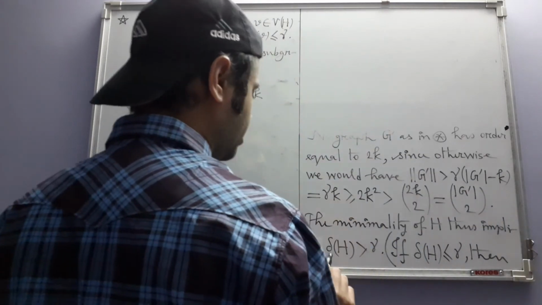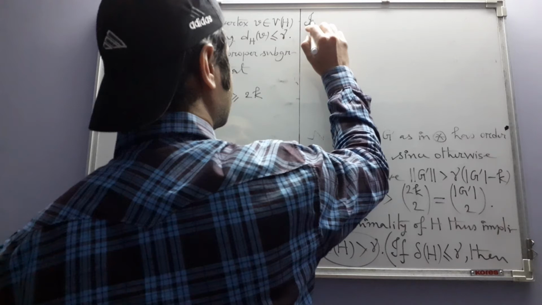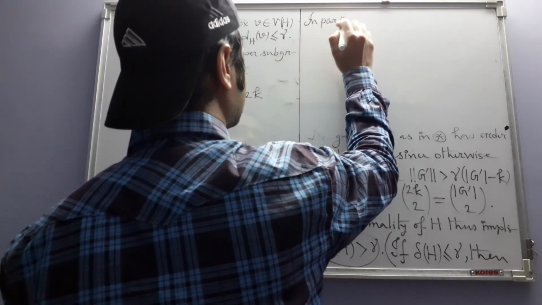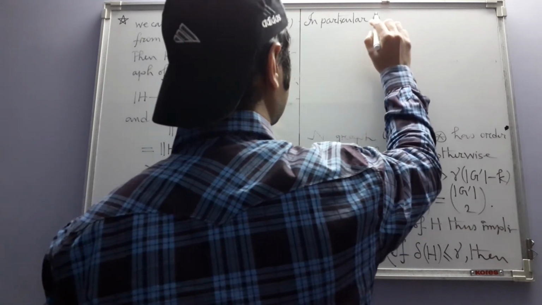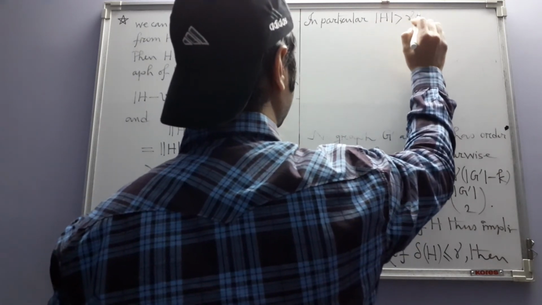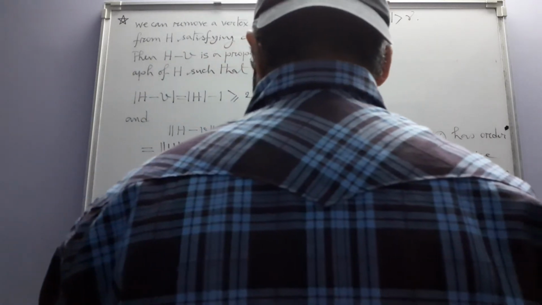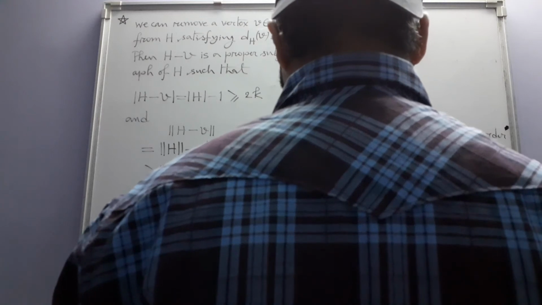So in particular, now the consequence of this inequality is this. This is greater than gamma. We need only greater than or equal to gamma, but we have strict inequality, fine.